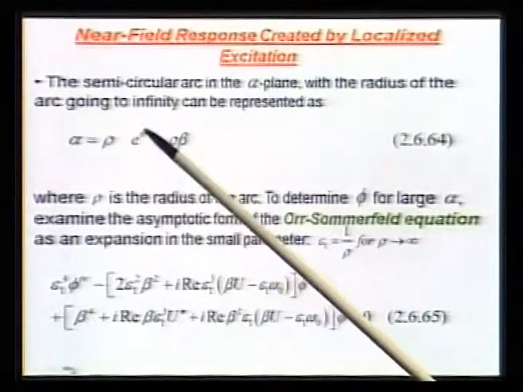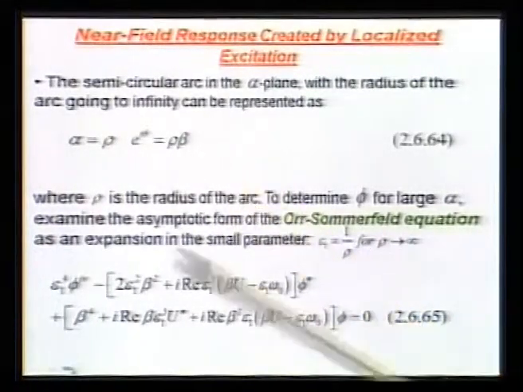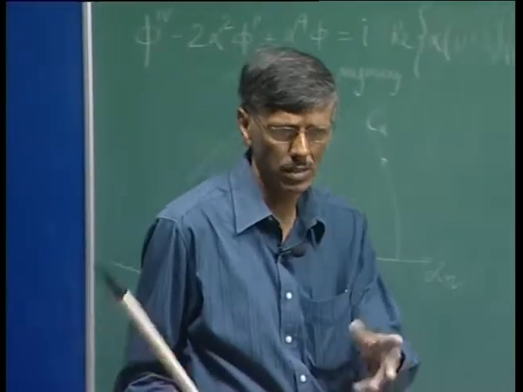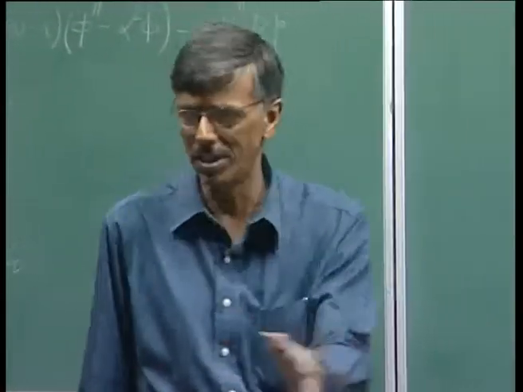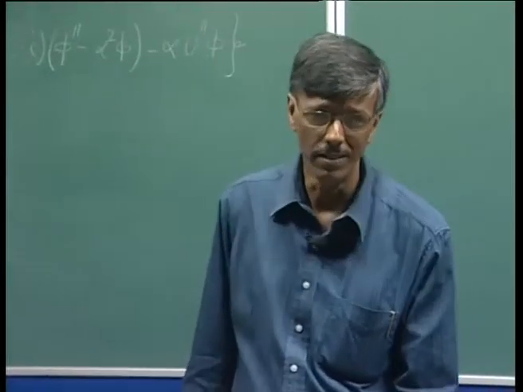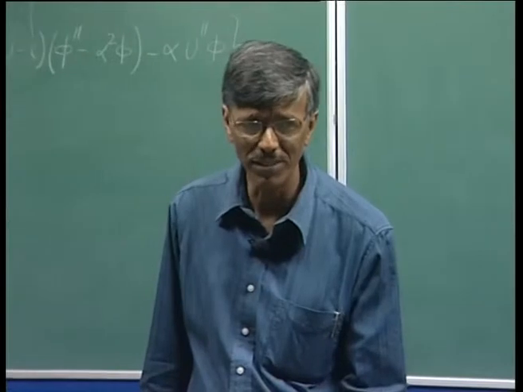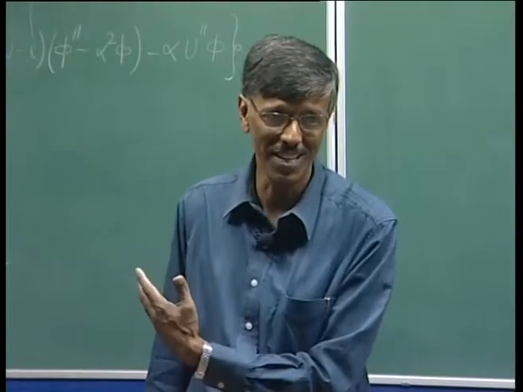For simplicity I just write e to the power i theta as beta. So rho is a real quantity, beta is a complex quantity that tells you about the phase, cos theta plus i sin theta. You also realize very clearly that this semicircular arc is alpha equal to infinity when rho goes to infinity.